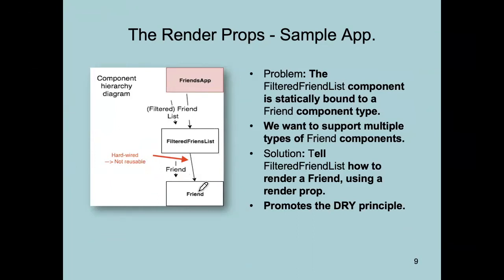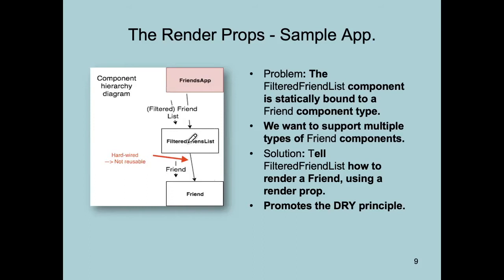But back then, the relationship between filtered friends list and friend was a static relationship. In other words, this component always rendered a friend in the exact same way. That was determined essentially by the import statement at the top of this file.